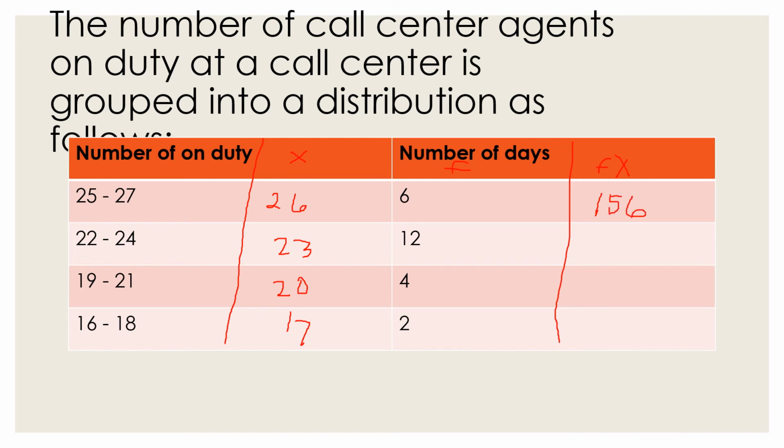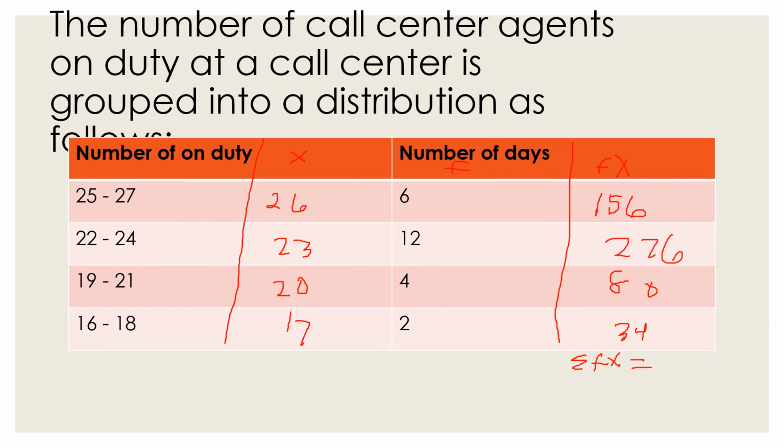Then 23 times 12 is 276. Then 20 times 4 is 80. 17 times 2 is equal to 34. Then get the sum of fx.